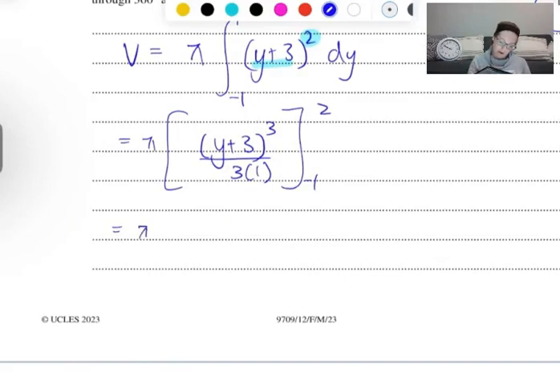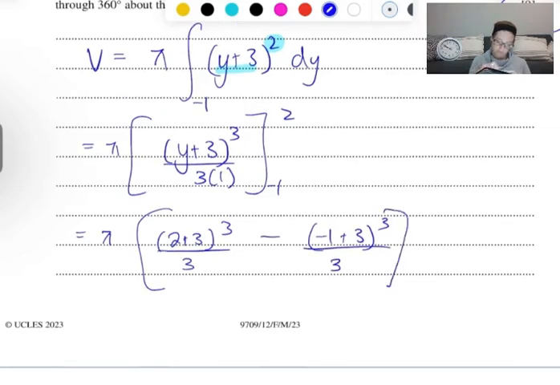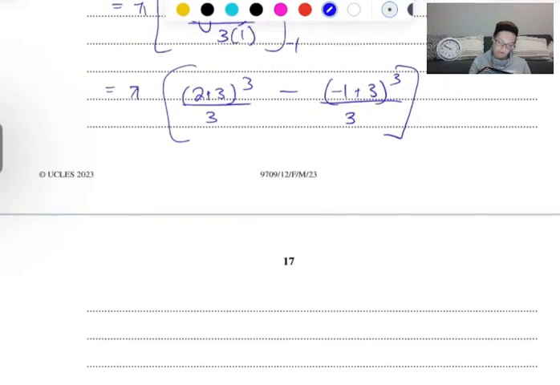Okay, here we've got pi. Then I'm plugging in my 2 plus 3, power 3 over 3, and I'm plugging in my minus 1 over 3. Okay, 2 plus 3 is 5 over 3. 2 to the power 3 is 8 over 3.